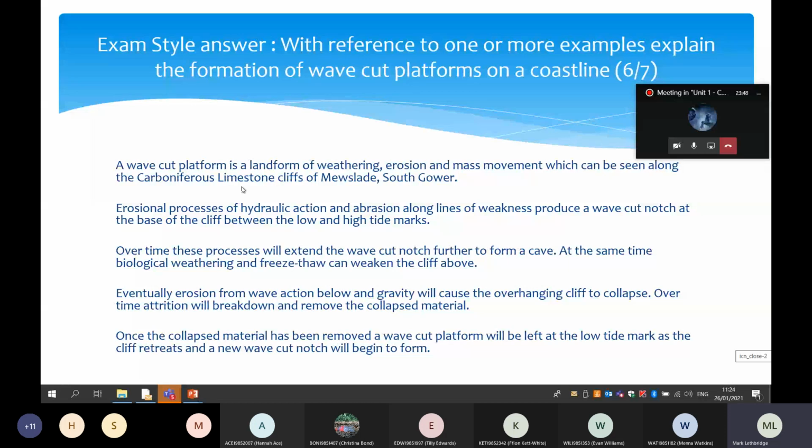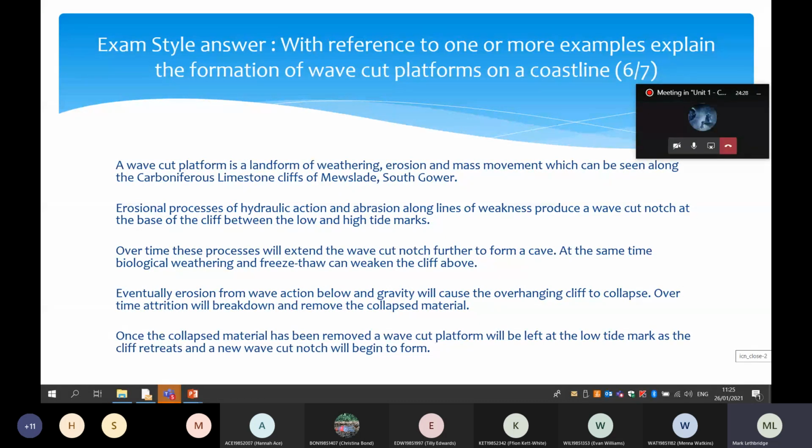And at the same time, if you think about it, you could start adding in that it can be seen along the concordant Carboniferous limestone cliffs at Mewslade. We know that that section of cliff line is concordant. The rocks are just running parallel to the coastline itself, and therefore you could always chuck that little bit in as well. But like I said, it's actually a lot simpler sometimes than people often think.